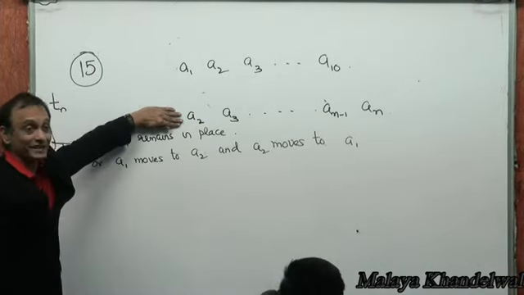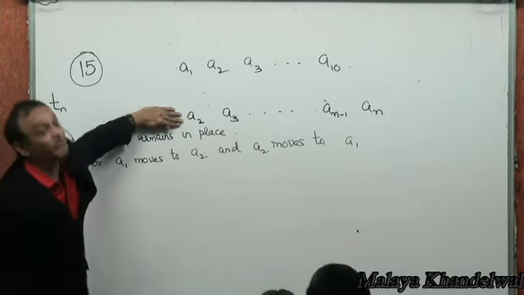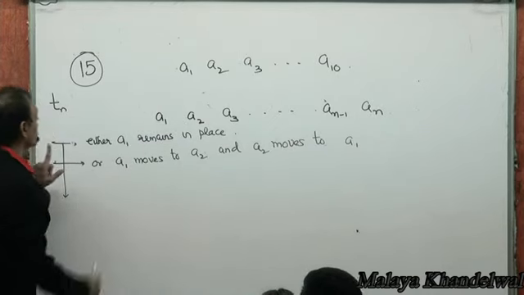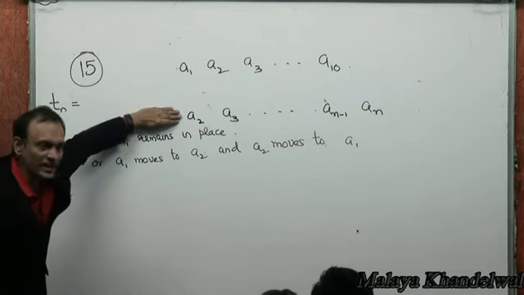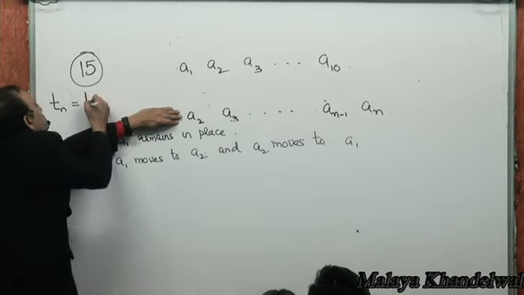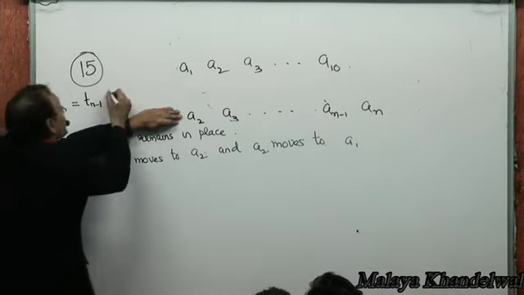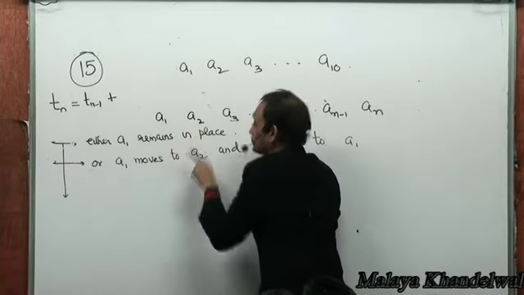N minus 1. In how many ways can the remaining n minus 1 children be rearranged? Tn minus 1 ways. Yes or no? If Tn is a total count, then part of Tn are the cases in which A1 is fixed and the remaining n minus 1 children can be arranged in Tn minus 1 ways. Yes or no? The rest of the count is where A1 moves to A2, this case.